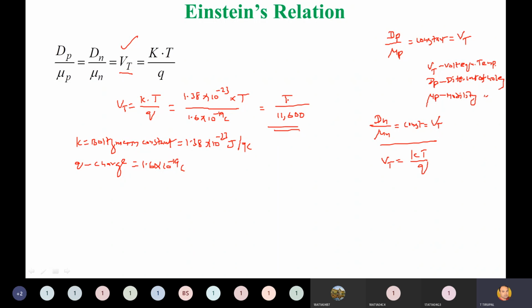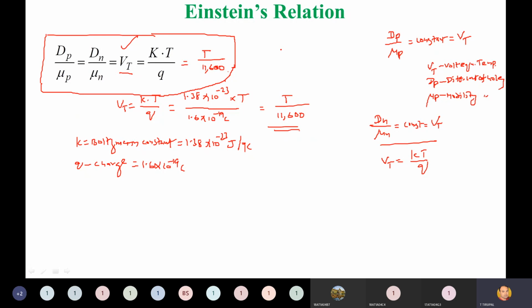Please do remember this point. Capital T divided by 11,600. So here this complete equation is equal to capital T divided by 11,600. dP by mu P, that is equal to dN by mu N, that is equal to Vt, that is equal to Kt by Q, and that is equal to a constant which is T by 11,600.